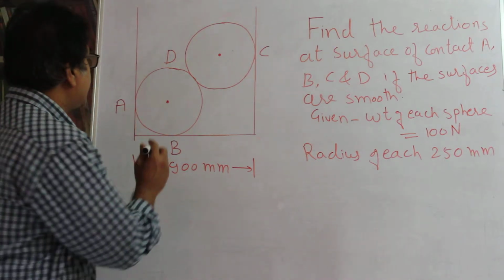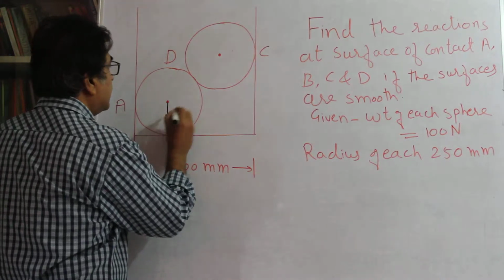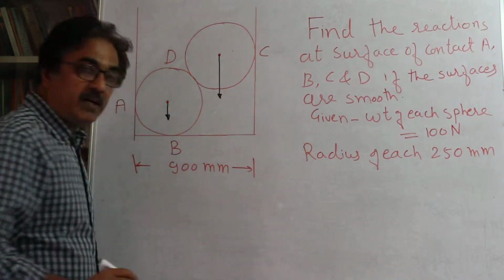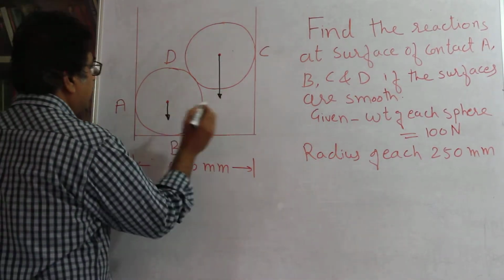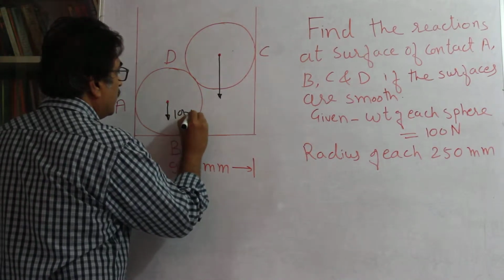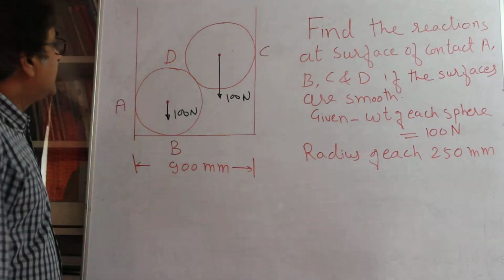These are the two forces acting downward, and we call them 100 Newton each, because they have the same weight.